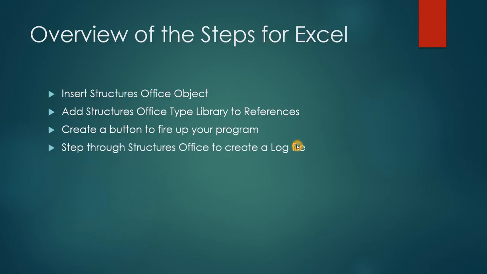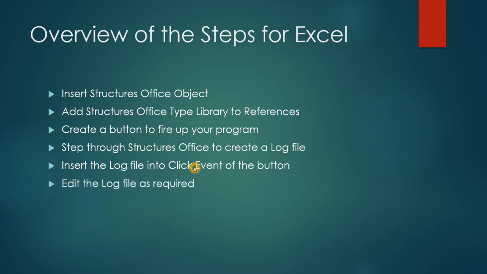You usually don't have to do that, but that's the fastest way to get your program written. Then you'd insert that log file into the click event of the button. If you don't know what that is, we'll show you in a minute. Then you'd edit that log file as necessary, and then add code to extract results from what you created in Structures Office to use in your own processing.